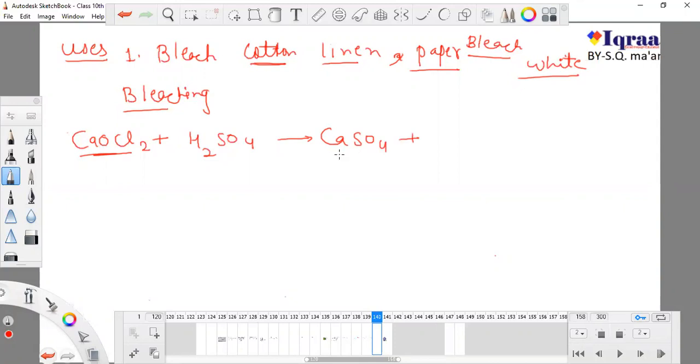This is not mandatory; it is not important for you to learn this equation. It will be better if you learn it, but it is totally up to you. It will form calcium sulfate, plus calcium chloride, and it will form HClO, which is a new thing for you, known as hypochlorous acid.